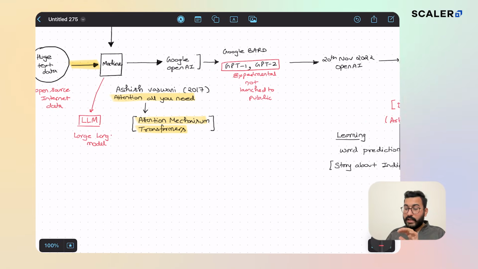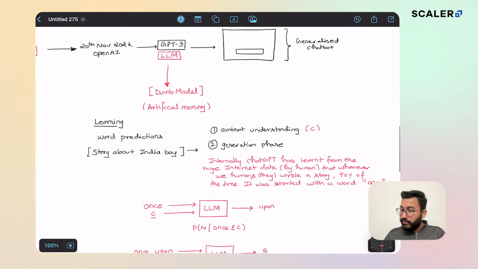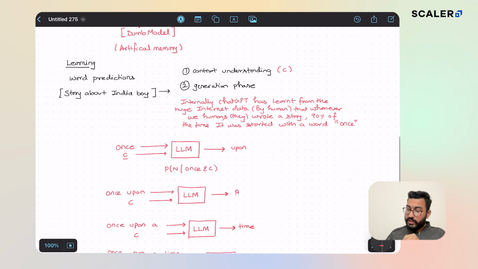Now, using this innovation, we were able to come up with a machine which is able to predict, and by making predictions it was able to generate text. So when you ask ChatGPT to write a story, it generates text based on what it has learned from historical human language data, because we humans have generated a good amount of language data, and that is how ChatGPT was able to generate.